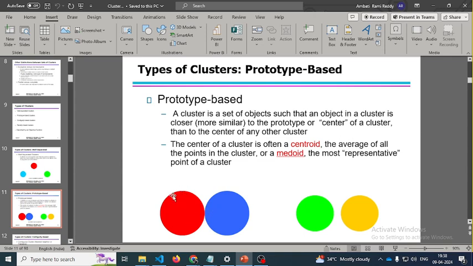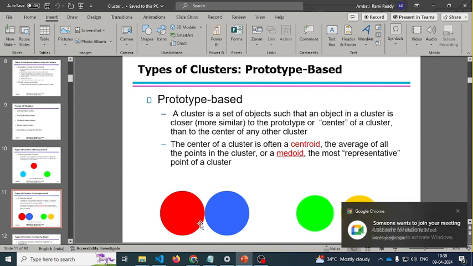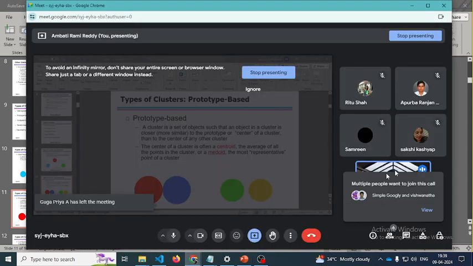Whenever you are doing clustering, most of the time people follow the centroid only. They take all the points present inside this particular cluster, take the average of all the points, and form a centroid. Maybe in a few applications you depend on some kind of medoid, that is the most representative point or most representative cluster.